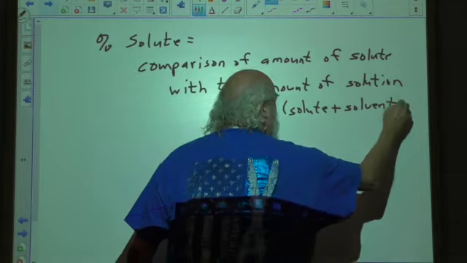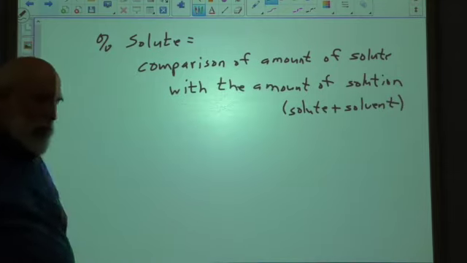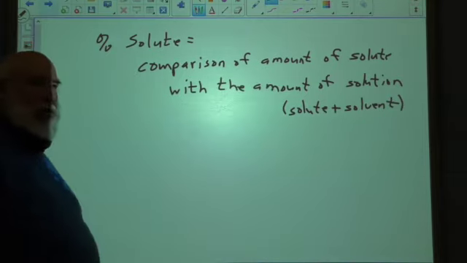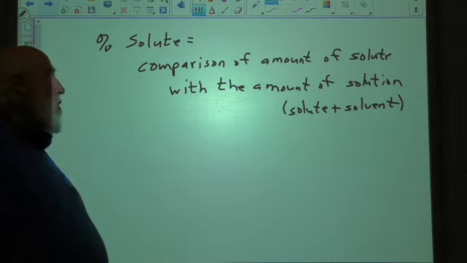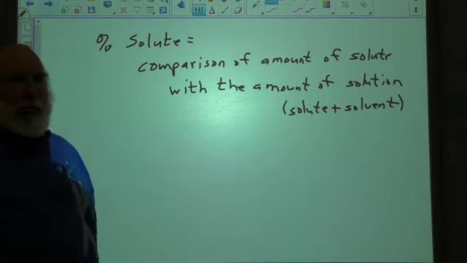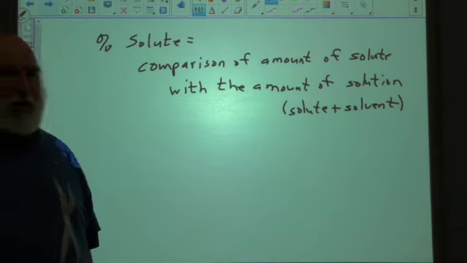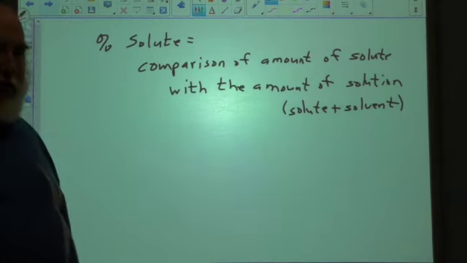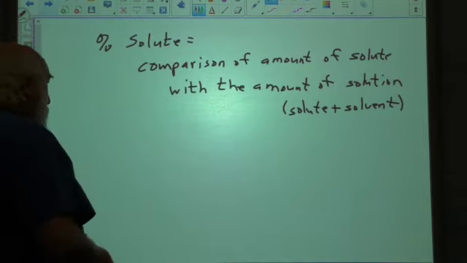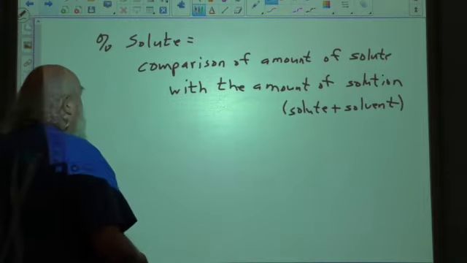Your homogeneous mixture is a mixture of solute and solvent. And like I said, most of the time we deal with water. In Chem 2 we started looking at some solvents that are not water, but everything we do in this class we'll be dealing with water as our solvent.